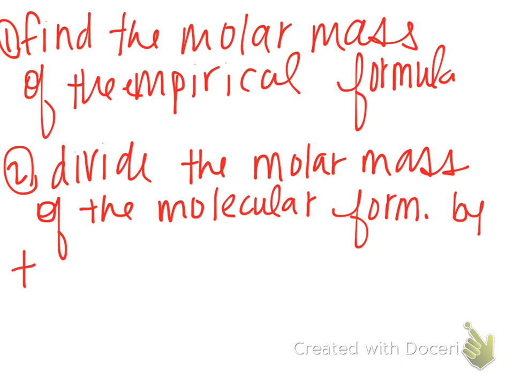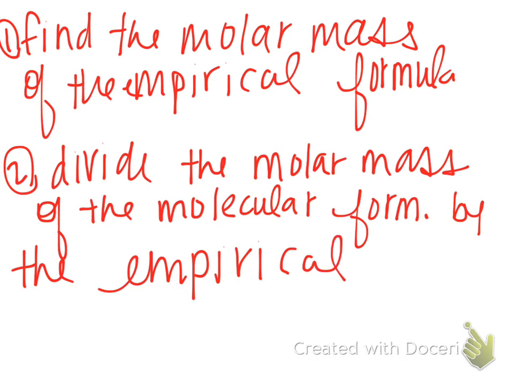By the empirical. Okay, then that will give you the ratio basically, and you'll be able to distribute that. And I'll just walk you through that. It's not very easy to write it down in terms of its rules.